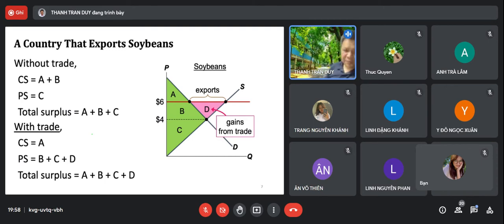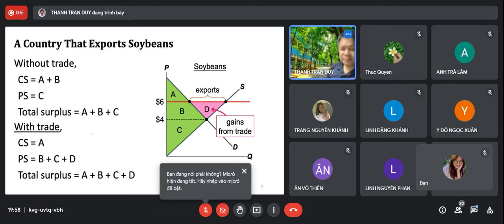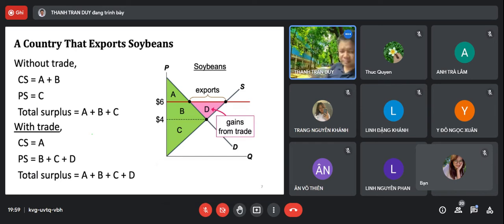But look at the economist's point of view. Do you think economists support this one or not? Why? Because in the total surplus we have more. Economists say in this case our economy gets additional D, right?